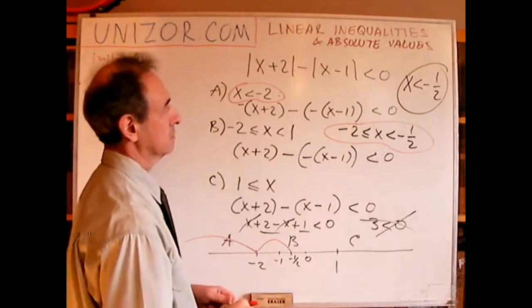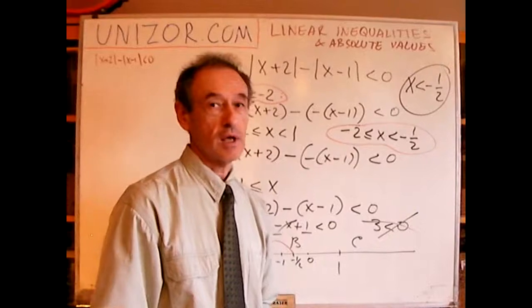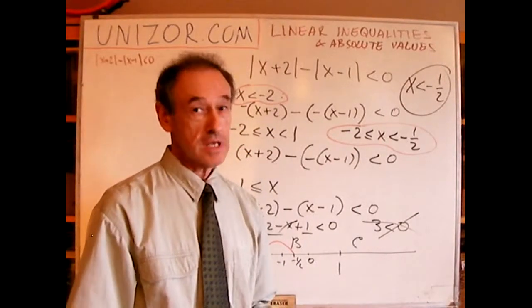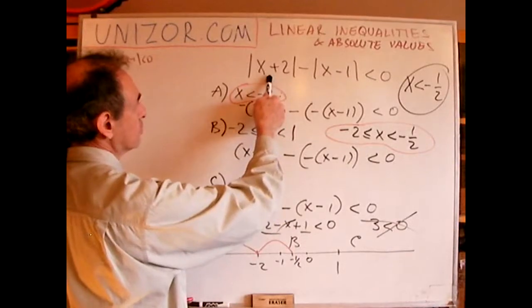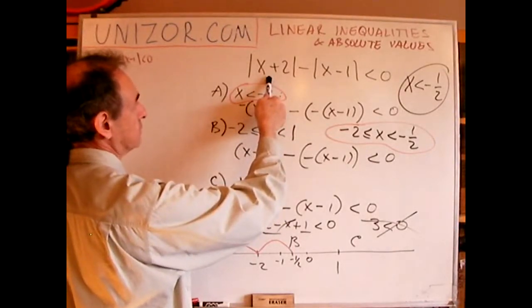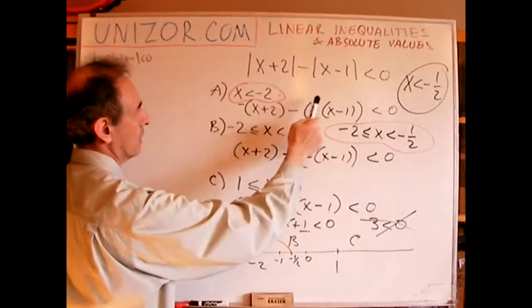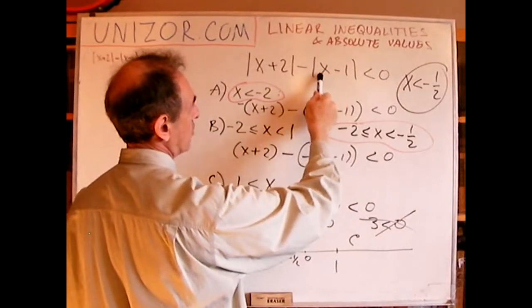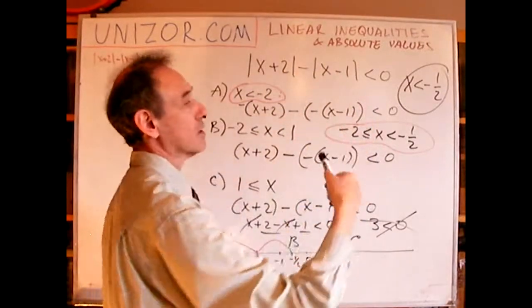And, well, obviously, if x is equal to minus 1/2, I guess we have to expect it to be equal to 0, right? Let's check it out just in case. So this would be what? 1.5, right? 2 minus 1/2, it's 1.5. This is minus 1/2 minus 1, it's minus 1.5, but absolute value gives me 1.5.